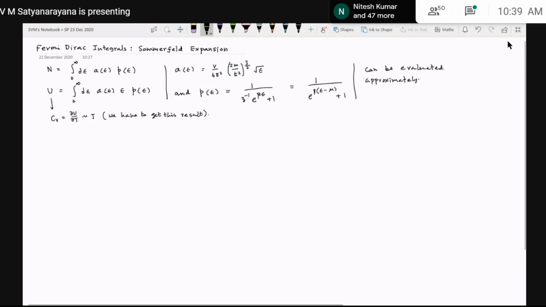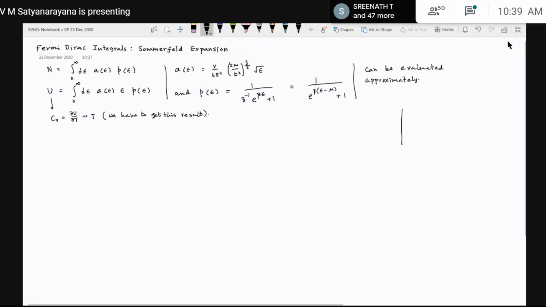Okay, so now we have to understand the nature of this function. Let us try to get some idea about this function, which we have seen in the previous case.